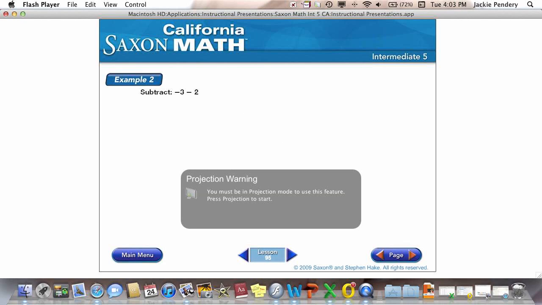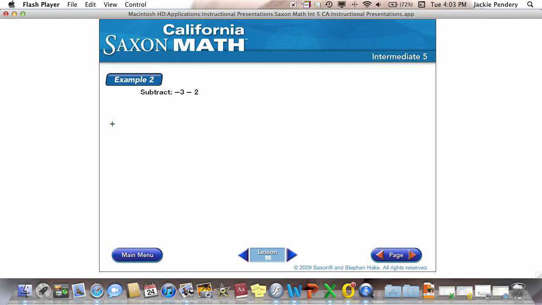Okay, -3 minus 2. If I look at this, this actually means -3 minus +2. Remember, if there are no parentheses to make it a negative, it's actually subtracting a +2. So we can rewrite this to say -3, the opposite of +2, plus -2.